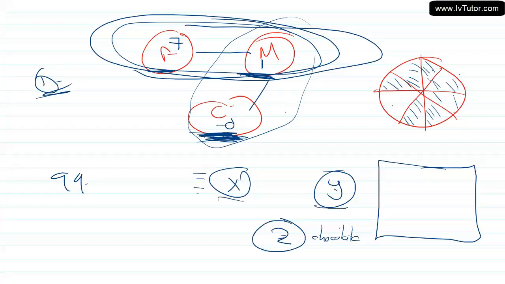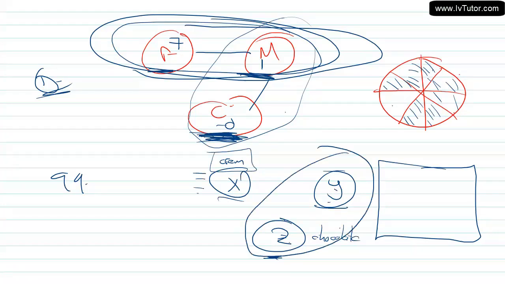If X takes and Y takes, there should be some non-chocolate left. If X doesn't want cream, then whenever Y chooses and Z chooses, they are supposed to make sure there are some non-cream items left for X to choose. So that's basically what path consistency would mean. When 1 chooses and 2 chooses, it should ensure that the next person gets something, and we call that path consistency. I don't know if that clears things up.